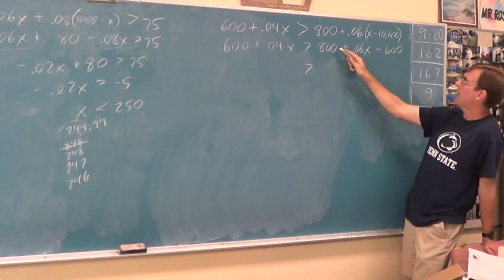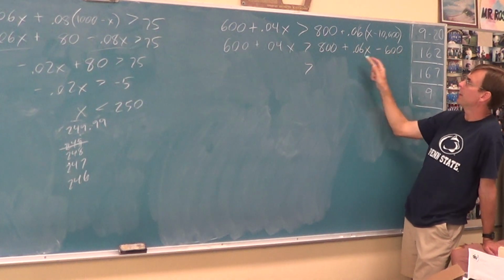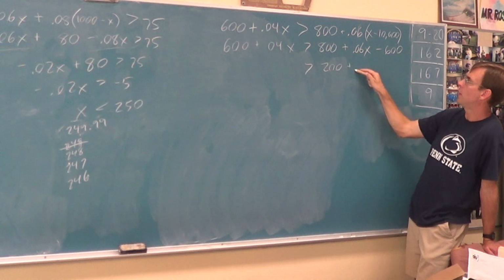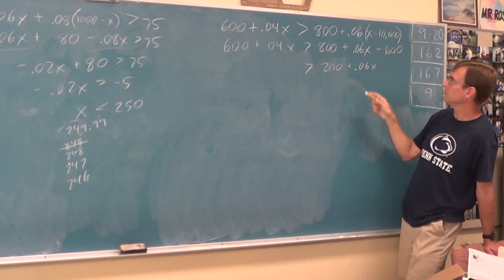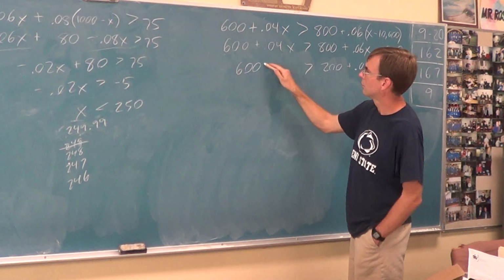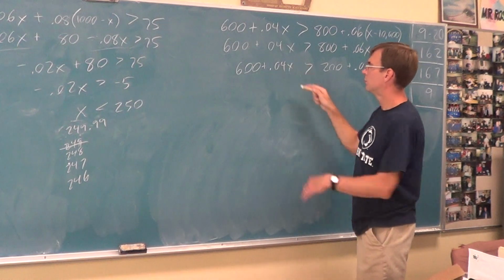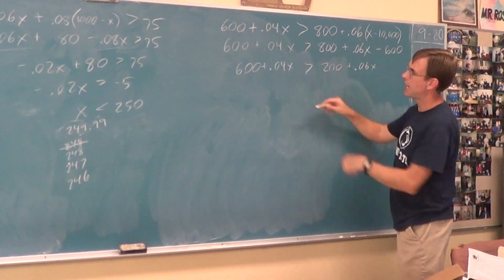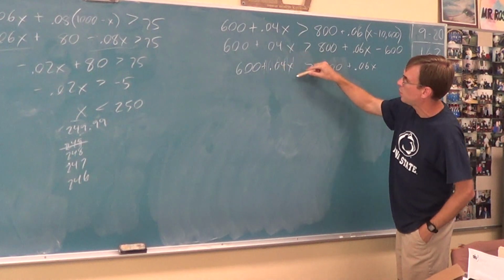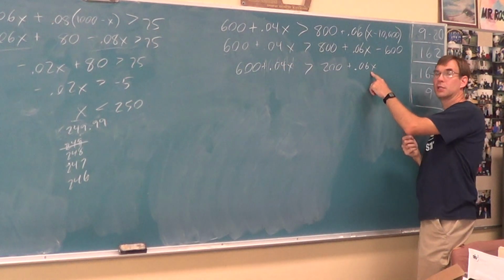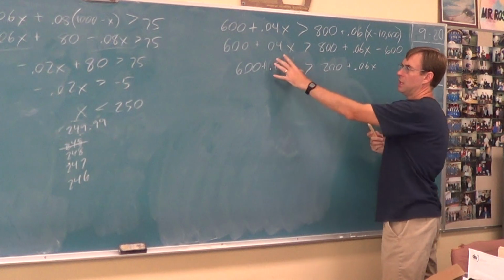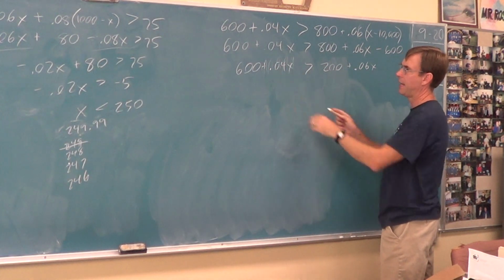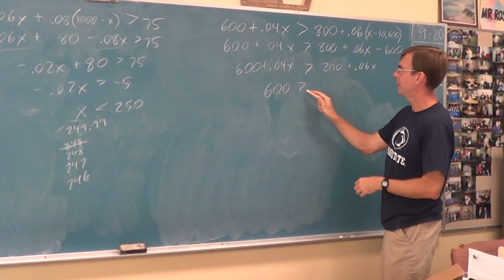I'd work this side to combine like terms. 800 subtracting 600 is 200. Just copying this, working that out. We have a variable on each side. I would choose to eliminate this one. It's not wrong if you eliminated this one, but I'm going to avoid a negative. So if I subtract this to eliminate it, I'm just left with 600.